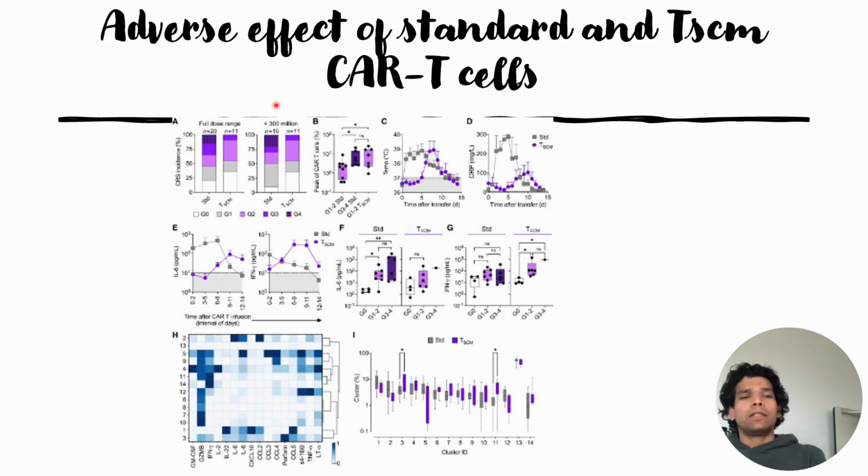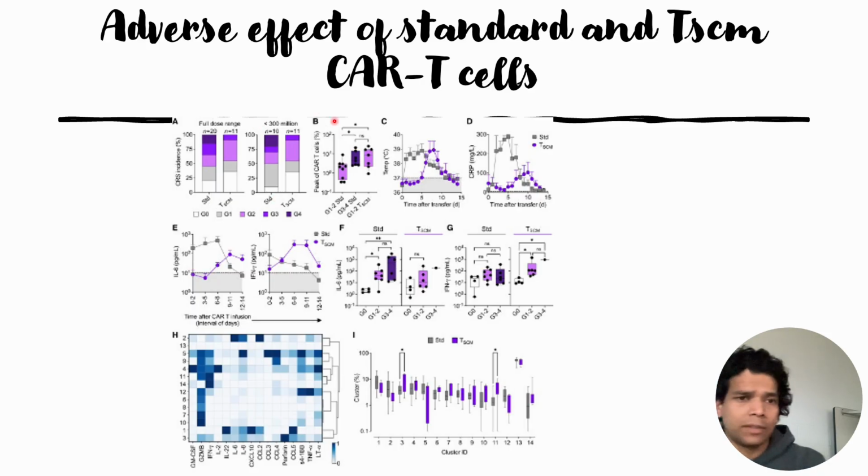And when they checked this with the same amount of CAR-T cells infused into the patient, the difference still remains the same. That is, the TCM based CAR-T cells can show the adverse effect of grade 3, whereas the standard CAR-T cells show the adverse effect even of grade 4.